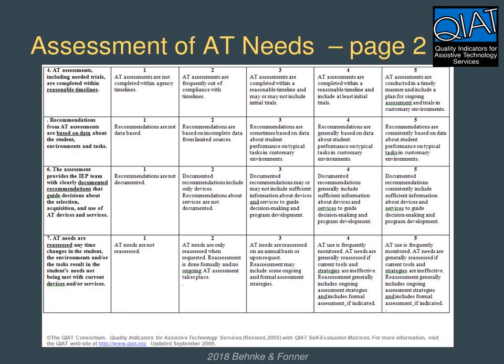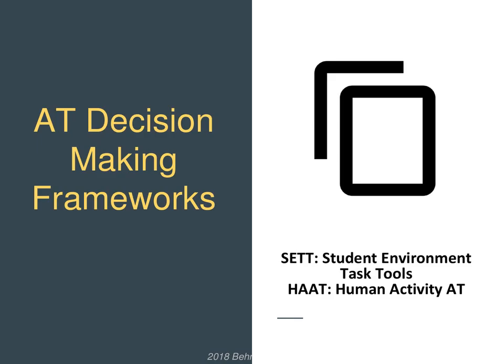And then those columns from 1 to 5 are as you assess yourself, where are you now and where might you look to grow your services to. These will give you some small steps along the way to reach quality services. So we just wanted to make sure that we threw that in as an example for people who are always asking, "Am I doing a good job or not?"